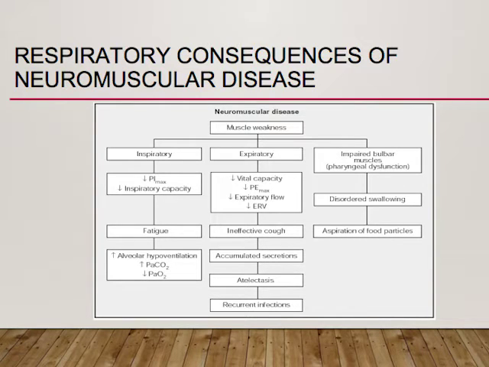The way we measure it is the maximum expiratory pressure, or the PE max in this case, and then expiratory flows, and the volume that's left in the chest at the end of an exhalation, which is called the expiratory reserve volume, falls.